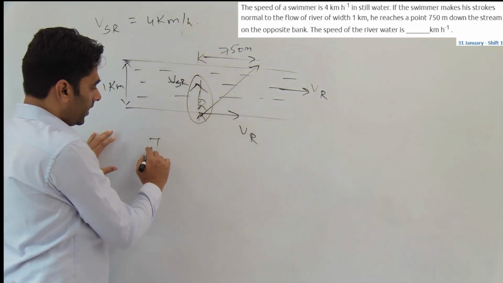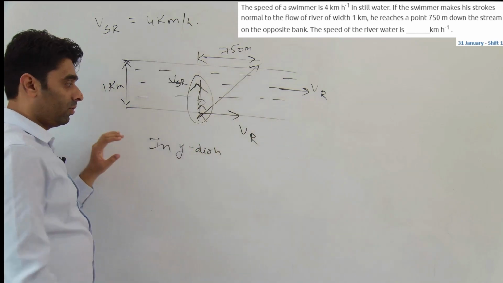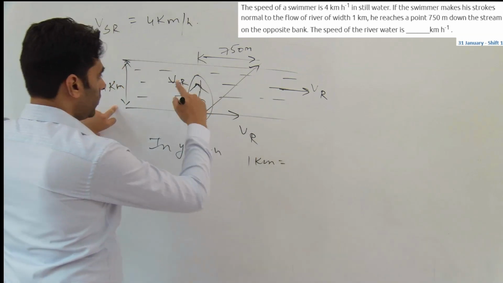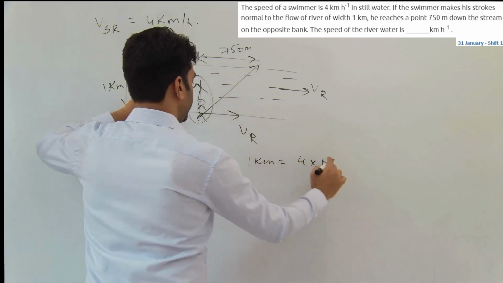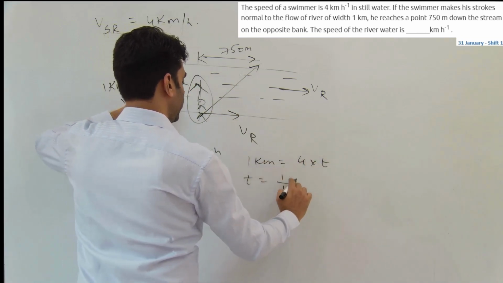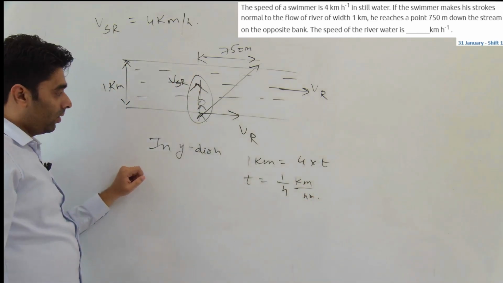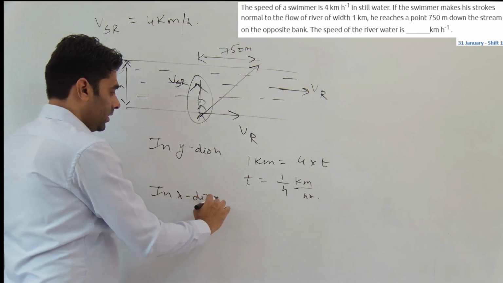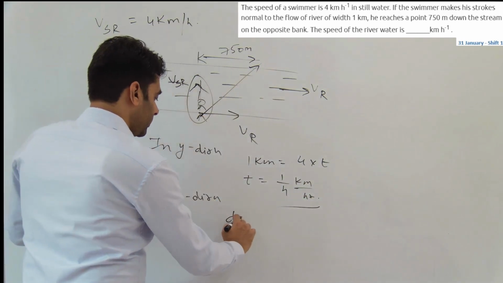So in y direction, which is for crossing the river, what can I write? The distance, that is your 1 km, is equal to your speed, VSR, which is given to us as 4, into time. So time taken is 1 by 4 hour. Okay, fine. Now in x direction, same time will be taken to cover 750 meter. So what can I write? Distance is equal to speed into time.